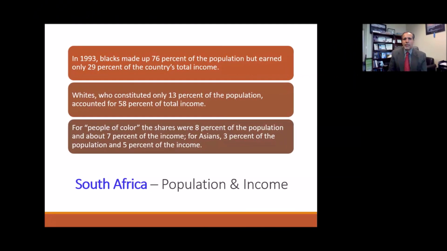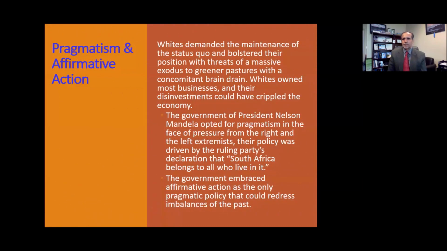In terms of population and income, in 1993, Blacks made up about 76% of the population in South Africa, but earned only 29% of the country's total income. Whites, who constituted only about 13% of the population, accounted for 58% of the total income in South Africa.